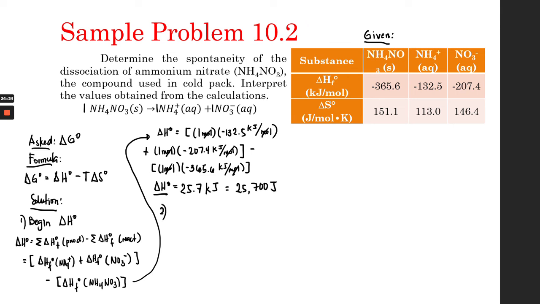The second part that you have to do is solve for the entropy, and you have to use the same equation wherein you have the sum of all the entropy of the products minus the sum of all the entropy of the reactants.